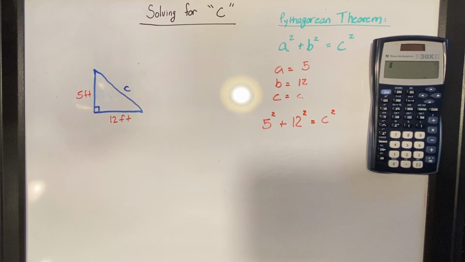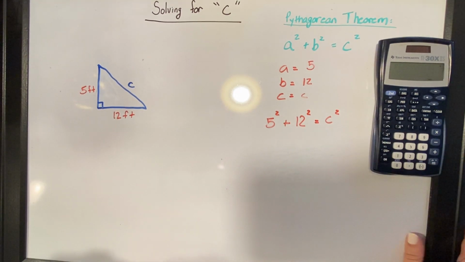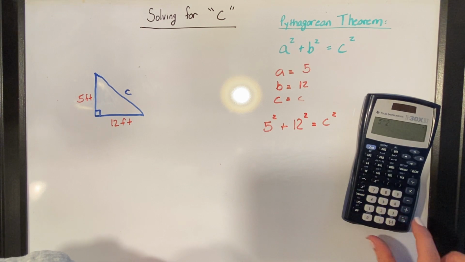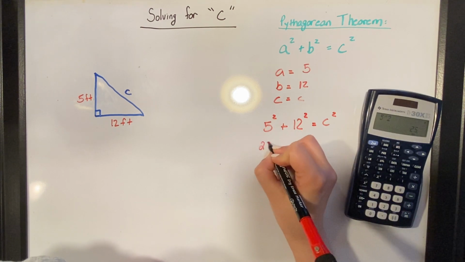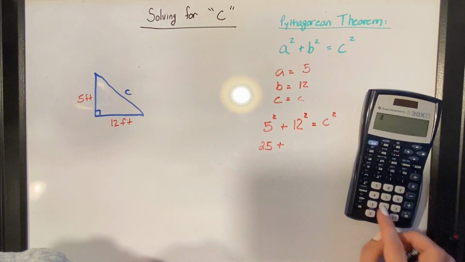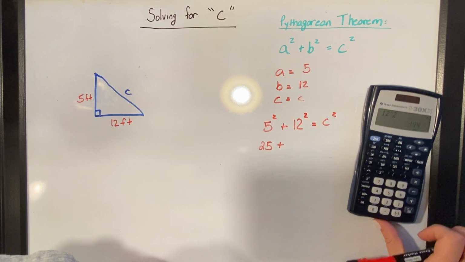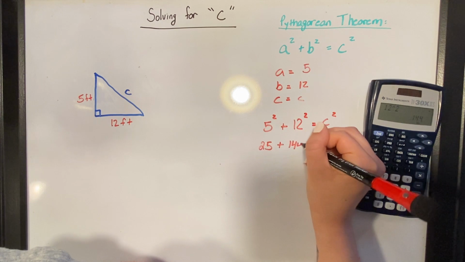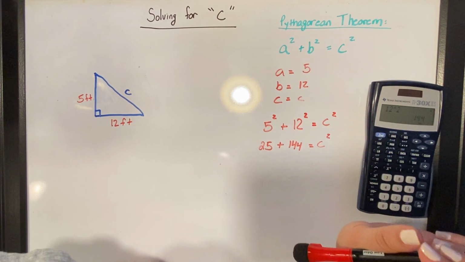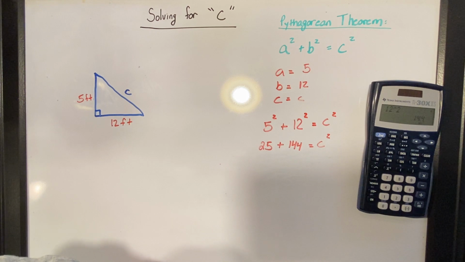Now we just need to first square these because we need to solve for C. So let's see, what's 5 squared? 5 squared is 25, so this is 25 plus 12 squared, which is 144, plus 144 equals C squared, we don't know yet. So we leave C squared because you can't square C right now.